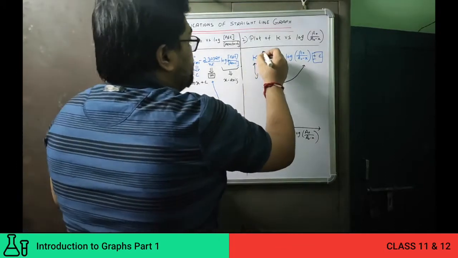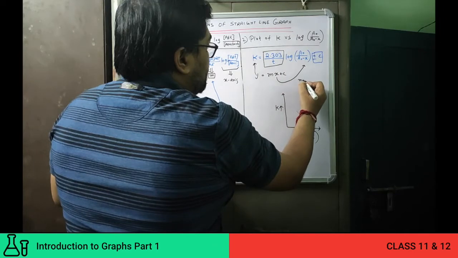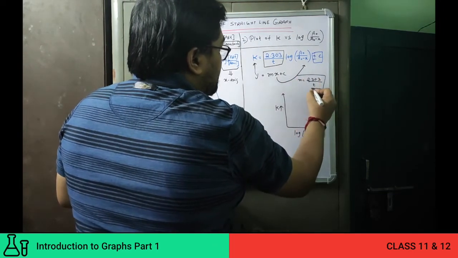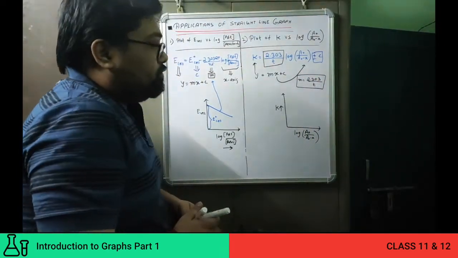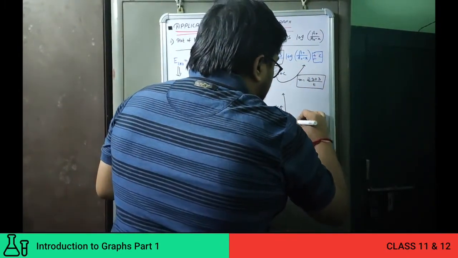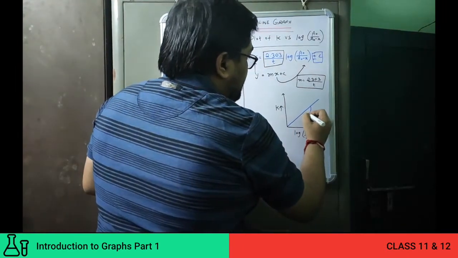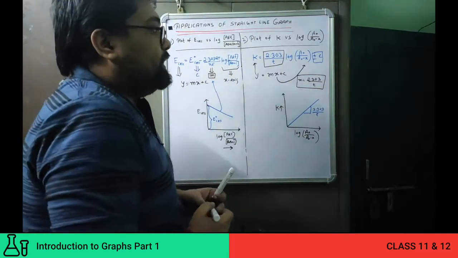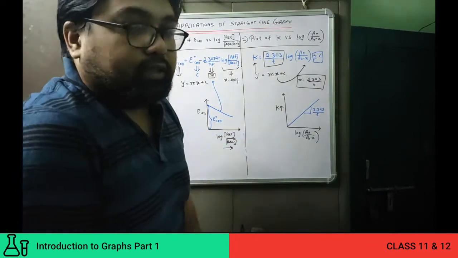And the value of slope is 2.303 by T, and it is a positive one. So, we know for 0 intercept, the line will pass through the origin. So, the line here passes through the origin, and its slope is 2.303 by T.